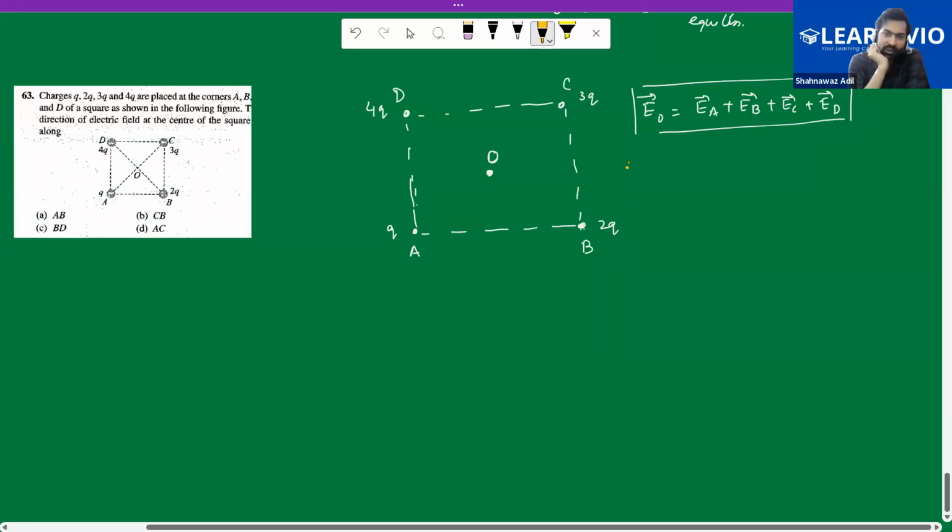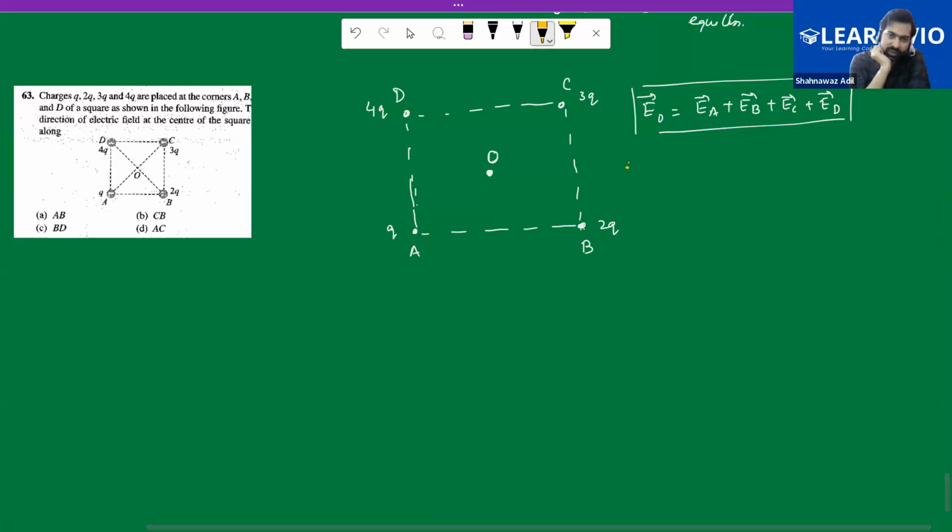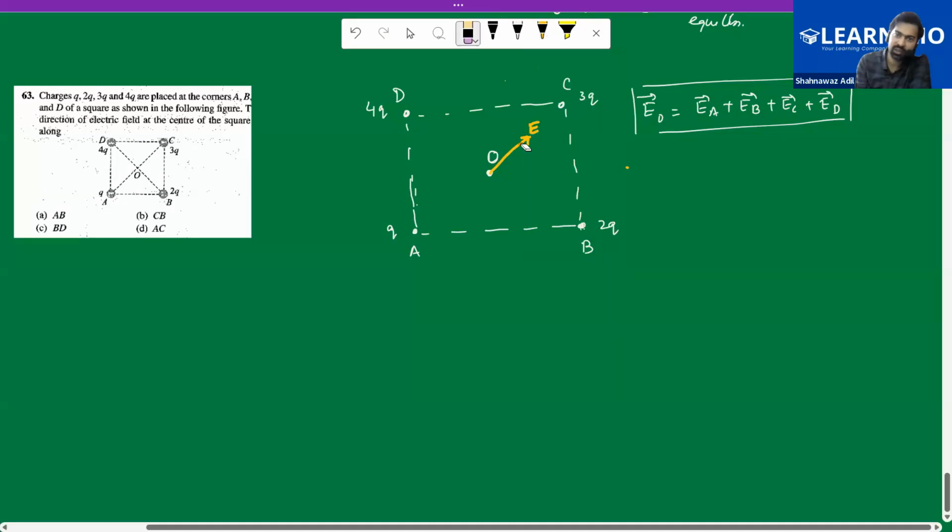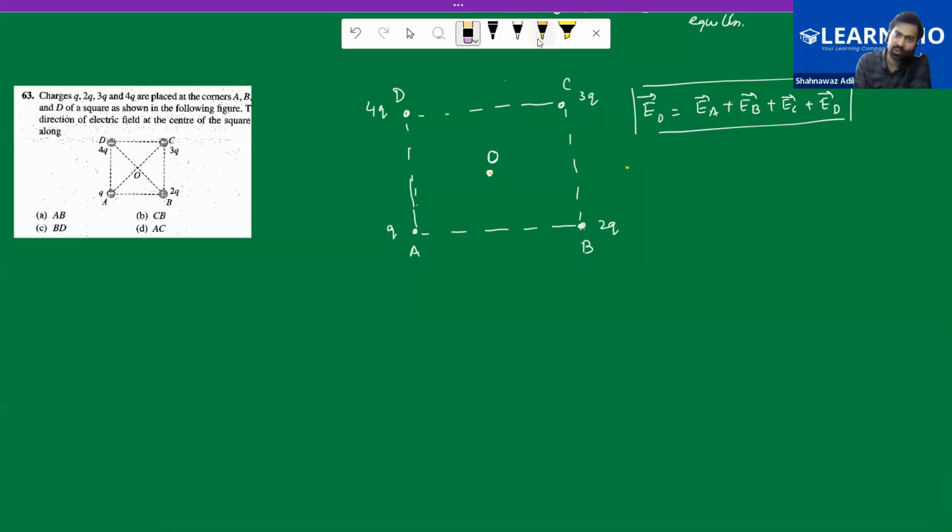Yes, this is a positive charge, so it would repel, away from point A. So this would be the AC direction, right? So this is EA.